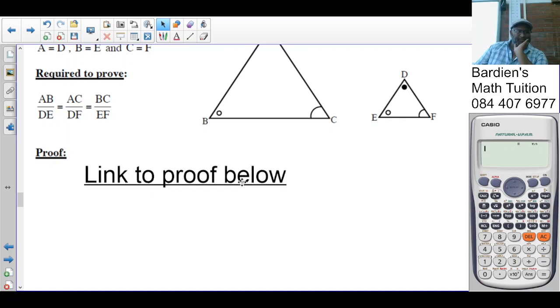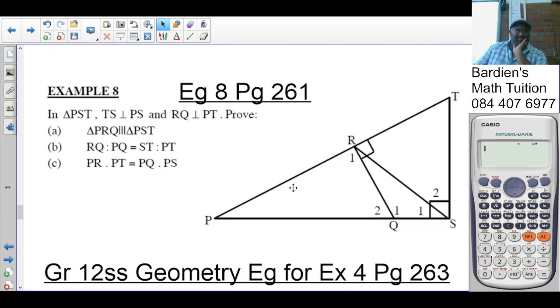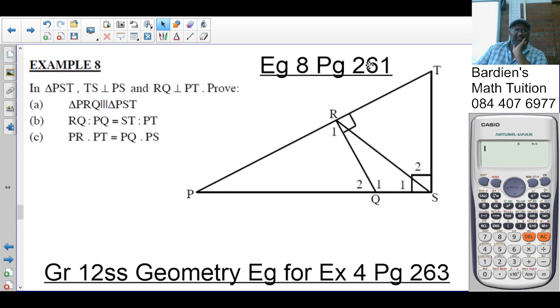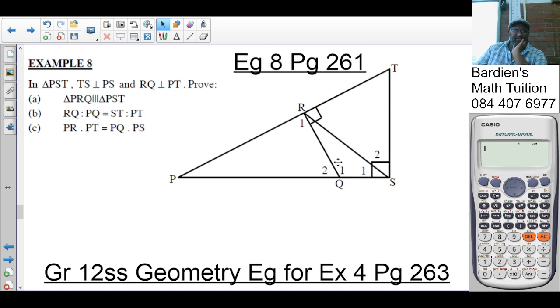Okay, so let's look at example 8, and example 8 is on page 261.